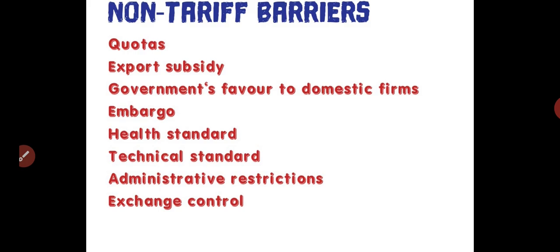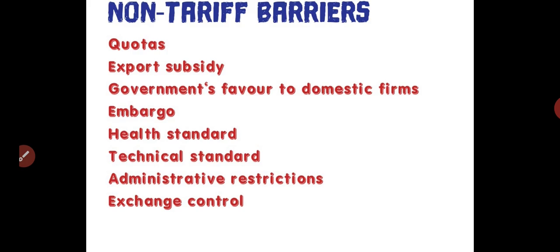Another one is health standard requirements. Government may demand some health standard requirements that the commodities being imported need to fulfill. During the time of Nipah, Saudi Arabia and various other Gulf nations banned the import of vegetables and fruits from Kerala, where the Nipah virus infected many persons in 2018 and June 2019.